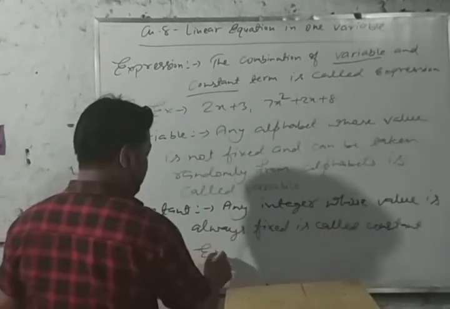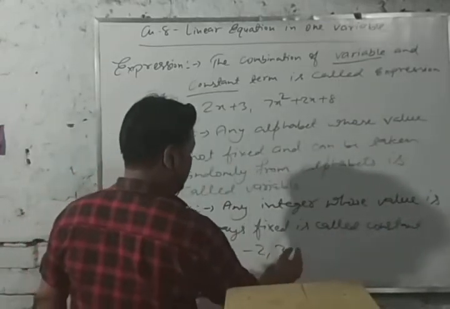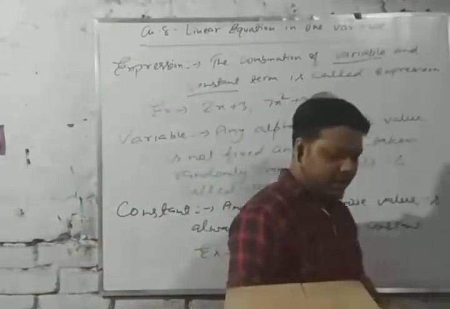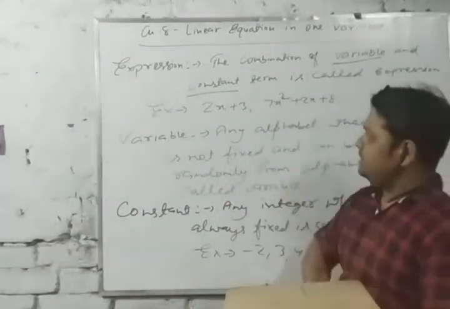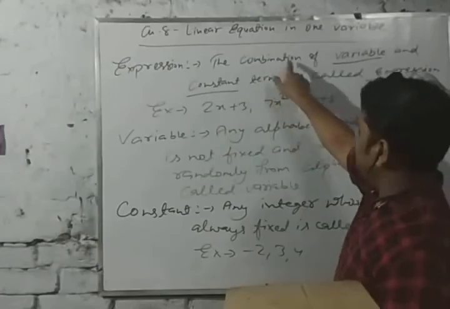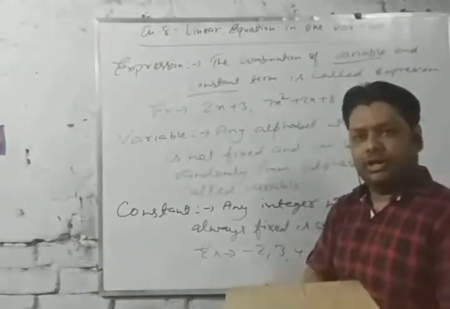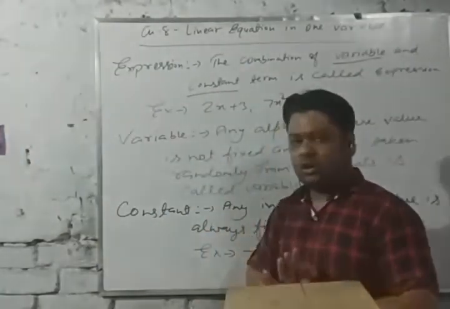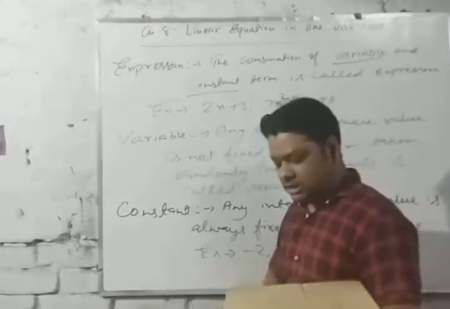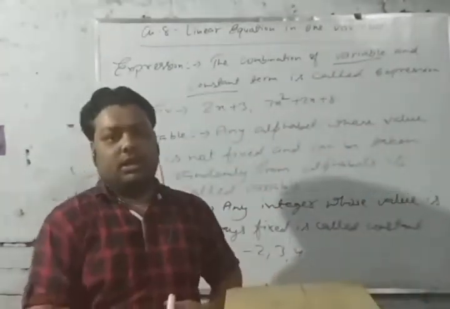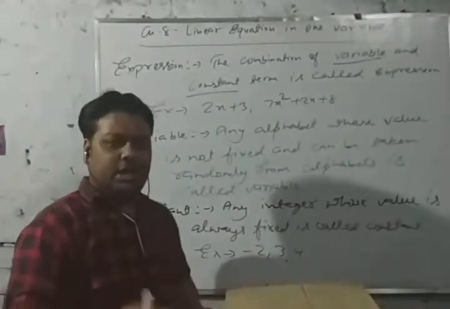For example, -2, 3, 4, like this. So we can say that expression means the combination of variable and constant. And what is variable and constant? We have already discussed these three points in the previous chapter.